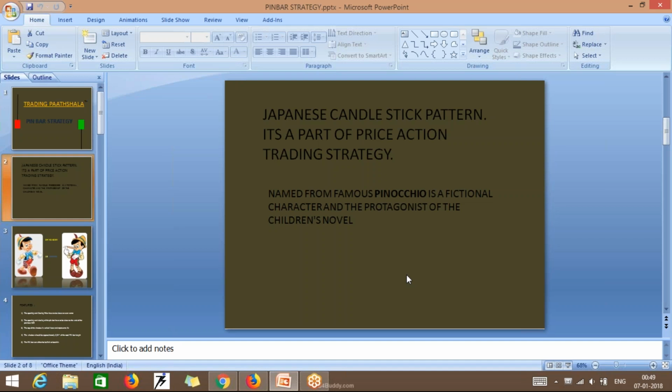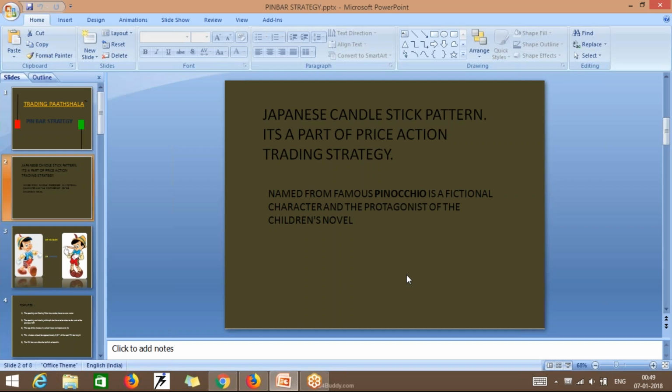The background of the pin bar strategy is that it's named after a famous cartoon character. Pinocchio is a fictional character. It's an Italian cartoon character which was seen on TV. It was quite a famous cartoon character. The very interesting part is that whenever Pinocchio tells a lie, the nose of the cartoon character grows longer.